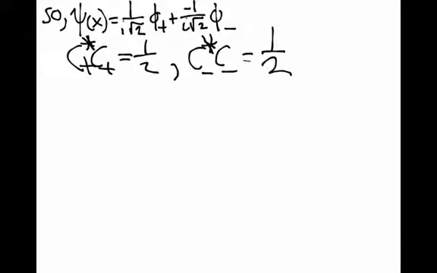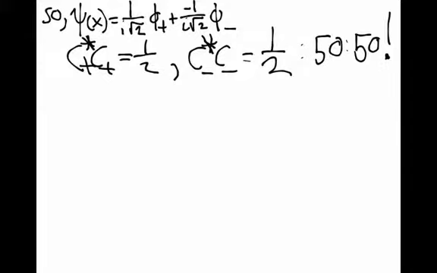It's 1 over root 2 times 1 over root 2, and with the complex conjugate in there, the i parts take care of themselves. Just don't worry about multiples of i, or 1, or minus 1, or minus i. The same is true for c minus: c minus complex conjugate times c minus is equal to a half. So those are the probabilities. They're 50-50.